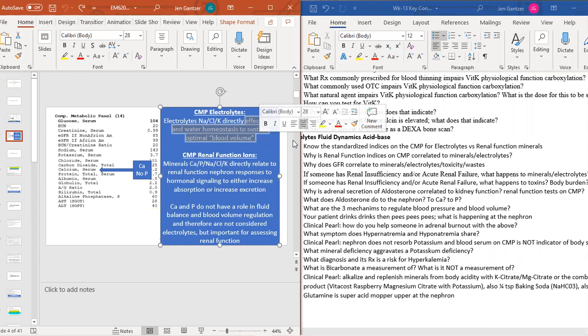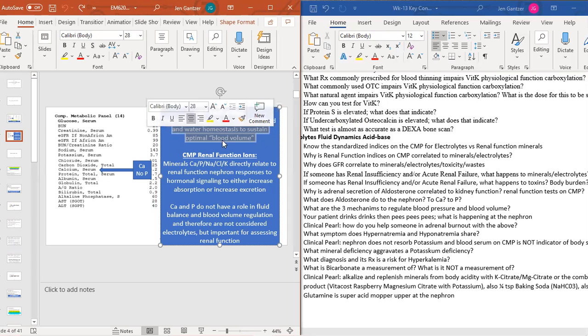Blood volume is how much fluid is in your blood vessels, which is the direct correlation to maintaining blood pressure. So if someone is not managing their nephron resorption excretion ratios of the electrolytes, it can have a significant impact on blood volume and a negative impact on hypertension and blood pressure.